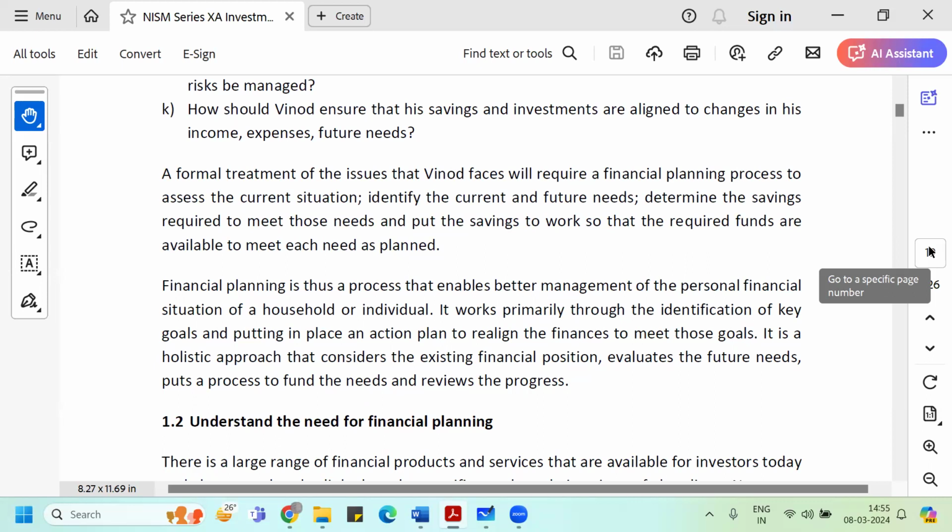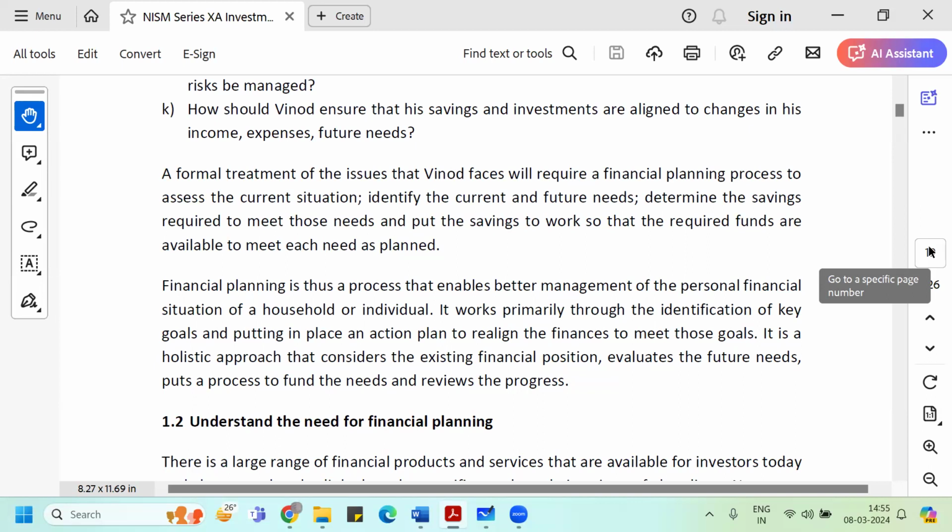Then we should be able to save some money that can be accumulated over a period, so that it can help us mitigate any uncertain situation that happens in life, or go through the regular expenses of the family. So financial planning talks about how we can manage our financial situation.